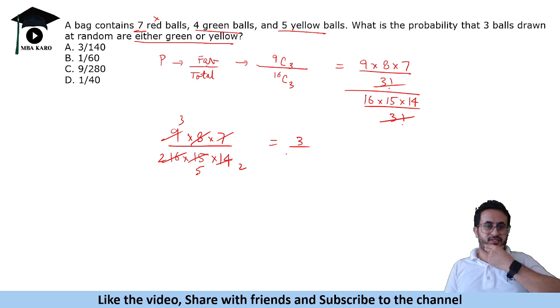So this is coming as 3 by 20, which is not among the options.